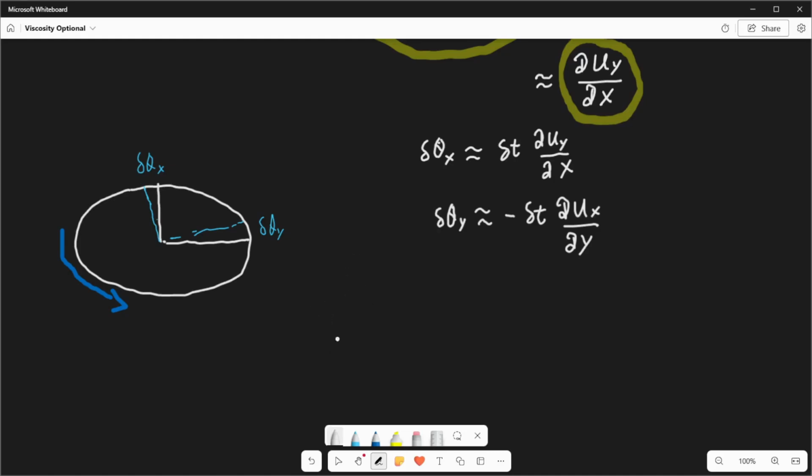So what we're looking for is basically delta theta with respect to delta t. And the big argument is this basically goes like delta theta x with respect to delta t plus delta theta y with respect to delta t.